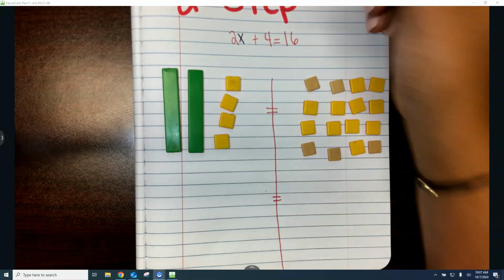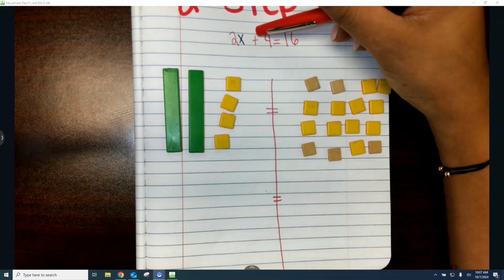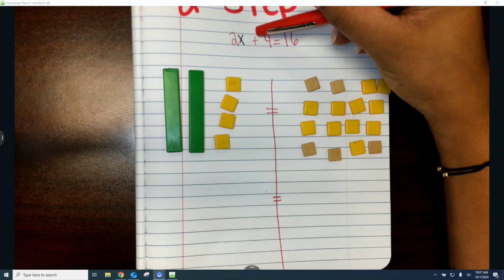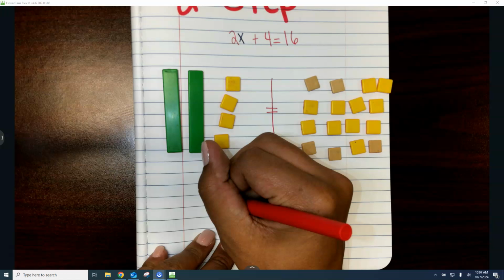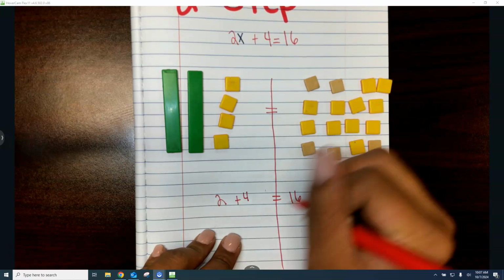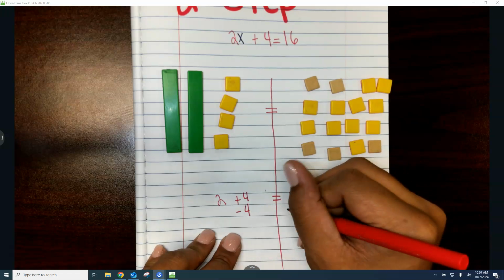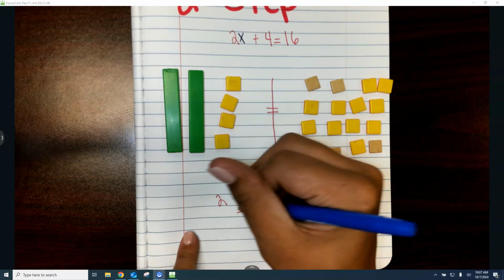So I have plus 4 over here. I'm going to do the inverse or the opposite sign of addition, which is subtraction. So we have 2x plus 4 equals 16. We're going to subtract 4 on both sides.